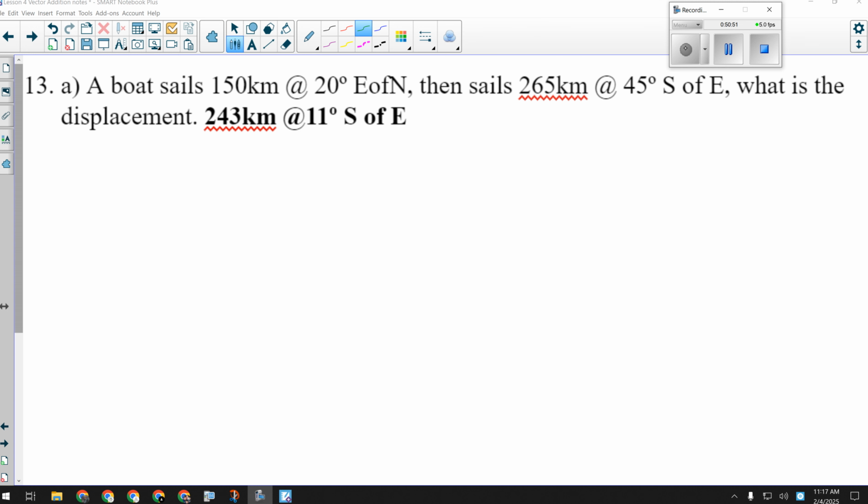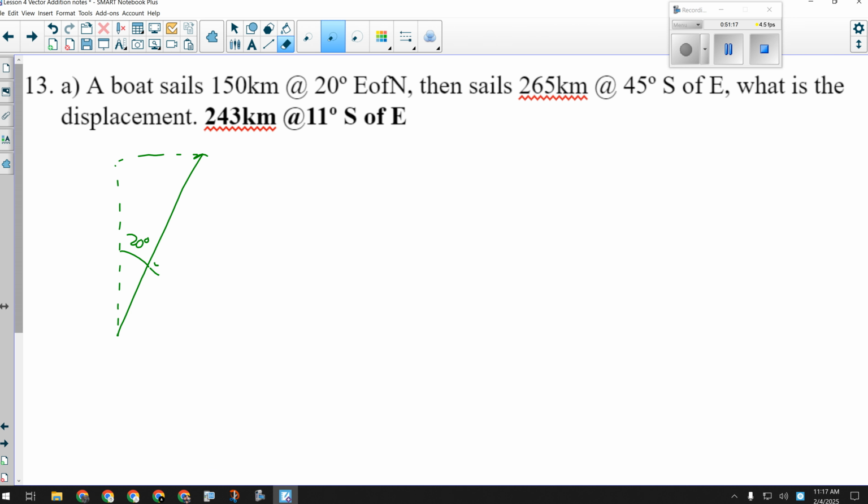All right, so our first vector is 20 degrees east of north, and it's only 150 kilometers. Oh, east of north, I've got to draw it the right way. So here's due north, 20 degrees east of north, 150 kilometers, X and Y. And then 265, that's 45 degrees south of east.